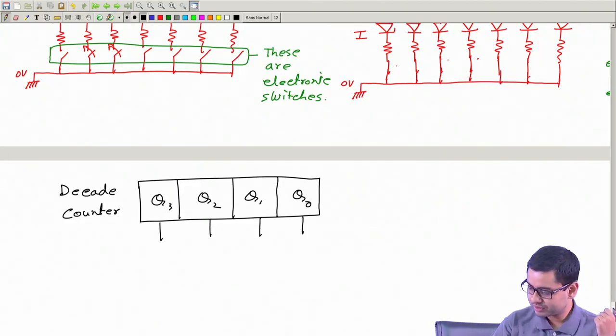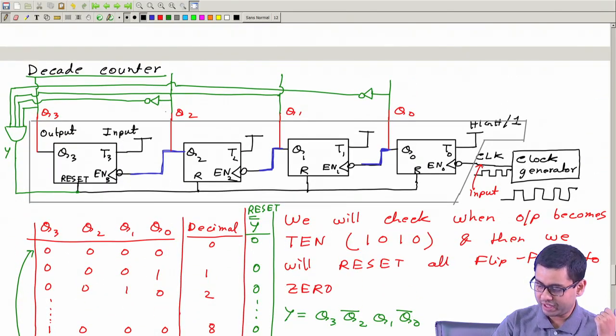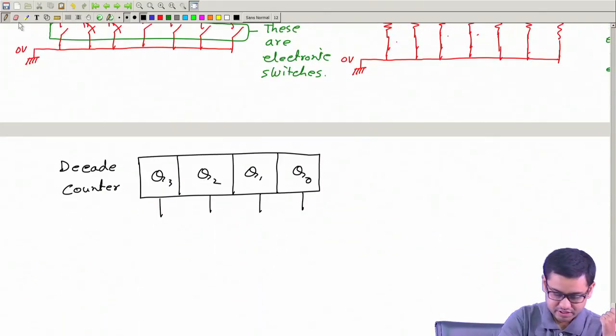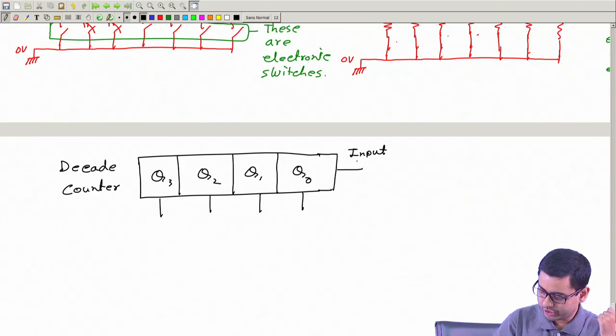What is that input? It is the clock pulses. So let me draw the input here. So this is the input, or you can call it the clock.